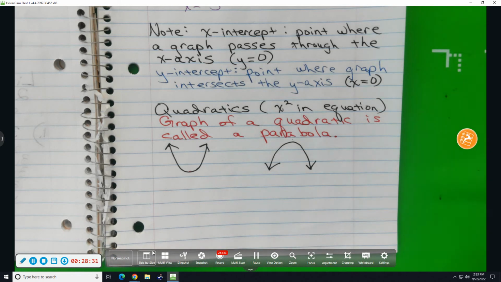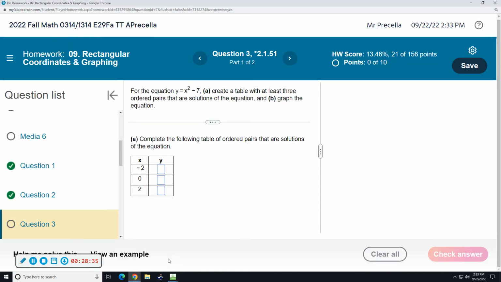So looking at number 3, what was it? Y equals x squared minus 7. Oh, I like this. Notice they give you all of the x values, so you can make your table and then type in all the y values. I like the way they give you all the x values they want you to use.